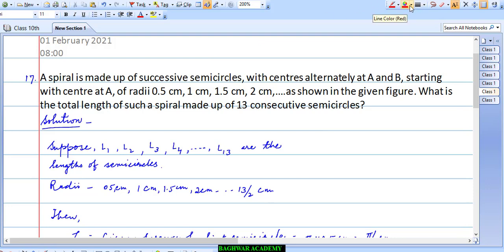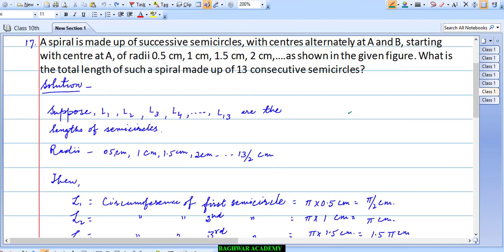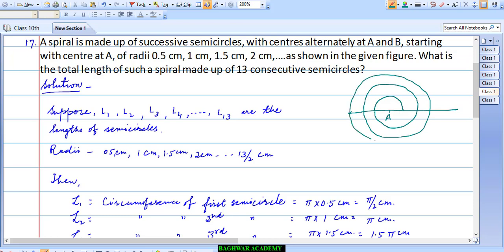Suppose you have 2 points A and B. Assume this is point A, and a semicircle has been drawn in this way, and then it is a spiral, so it will move like this. Here you have point B, suppose.